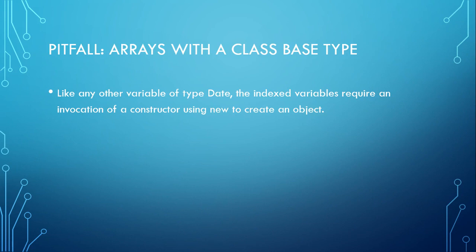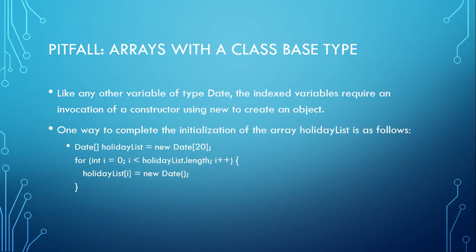Like any other variable of type Date, the index variables require an invocation of a constructor using new to create an object. So what that means is that if we want to complete that, we can use an array such as the following. Date[] holidayList = new Date[20]; for (int i = 0; i < holidayList.length; i++) holidayList[i] = new Date(); and that is an invocation of the Date constructor.